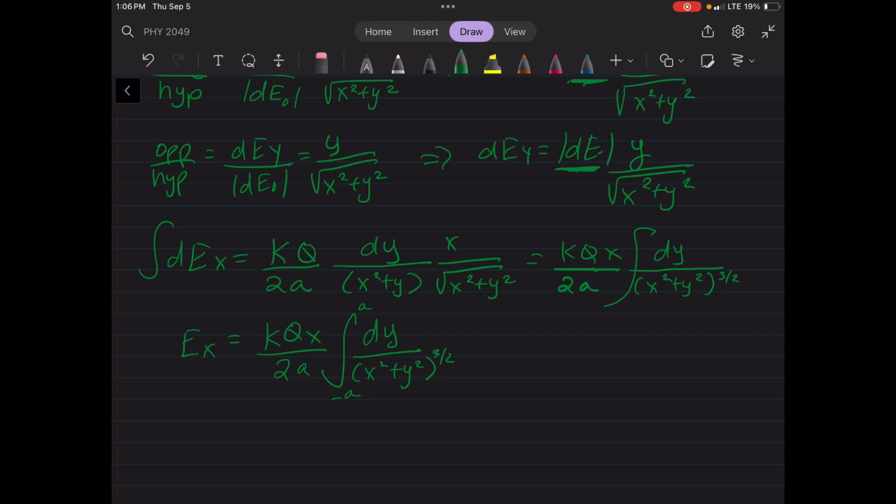So from this point, you can do a couple of different things. Using symmetry, you could throw a 2 in the front, kqx over 2a, and reduce that definite integral to be between 0 and a.